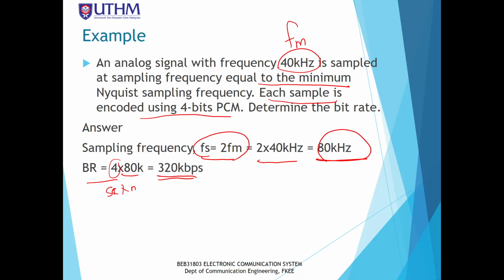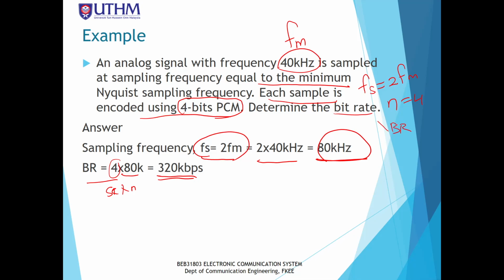Remember, Nyquist said that the minimum sampling rate Fs is equal to 2 Fm, according to the Nyquist theorem. And each sample is encoded using 4 bits of PCM, that means the value of n is equal to 4. Determine the bit rate, which is BR.